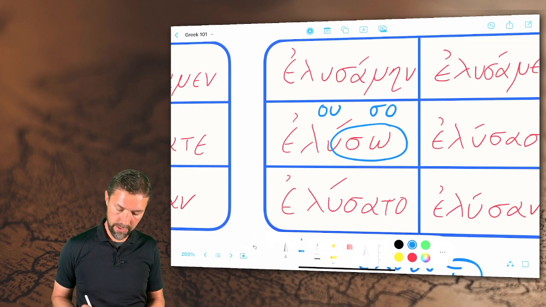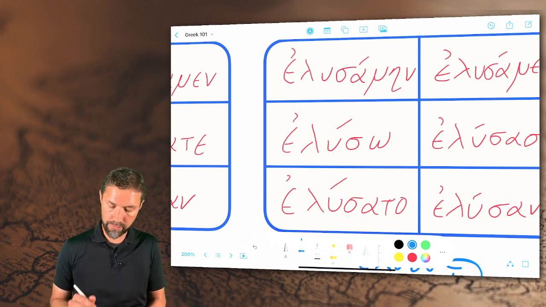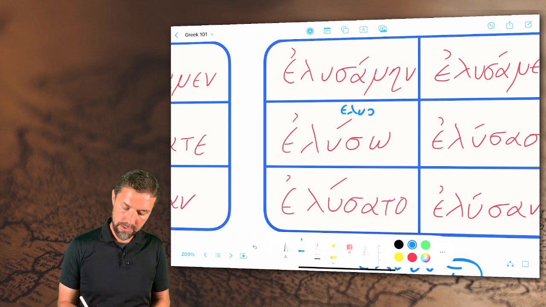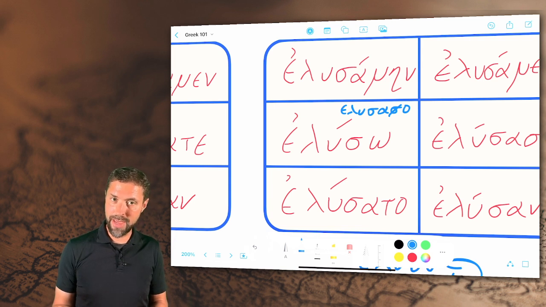Up here, I'm going to get a little bit of a different equation. In this case, I'm going to end up with elu so. The sigma in this case, and this actually makes sense according to the contract vowel rules that you learned, if there was a theoretical elu sa o, the sigma drops out, and the alpha plus omicron would contract into an omega.